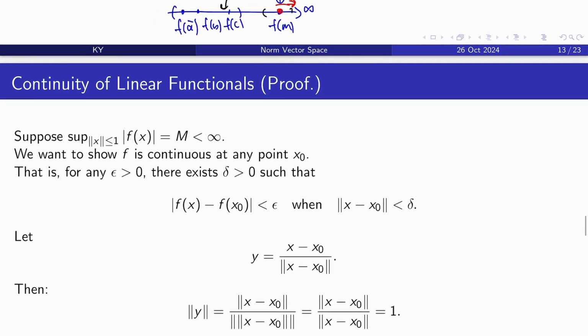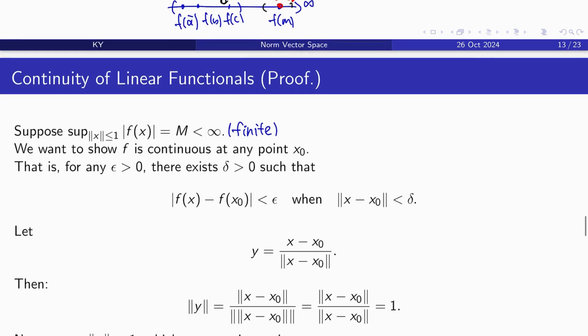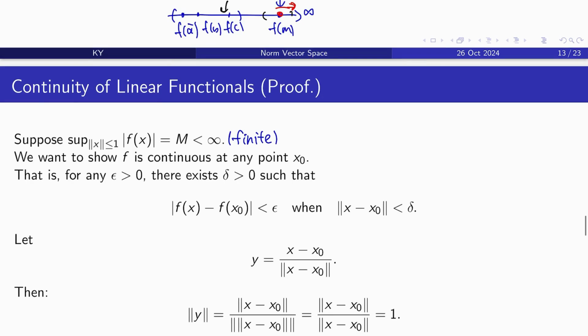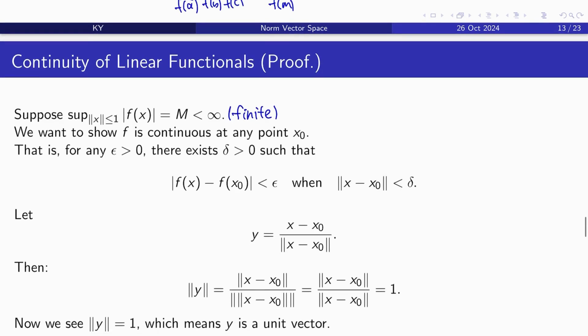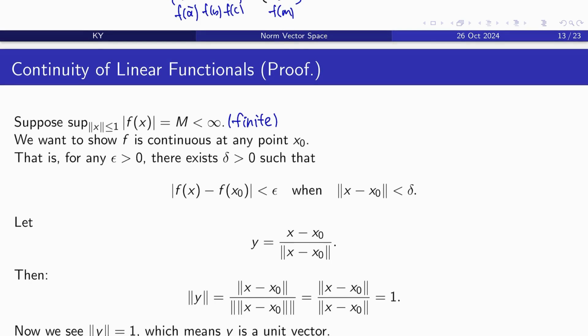Suppose that our supremum of the absolute value of f(x) over all x of unit length 1 is equal to M, and M is less than infinity, which means it's finite. The mapping is finite, and we want to show that f is continuous.